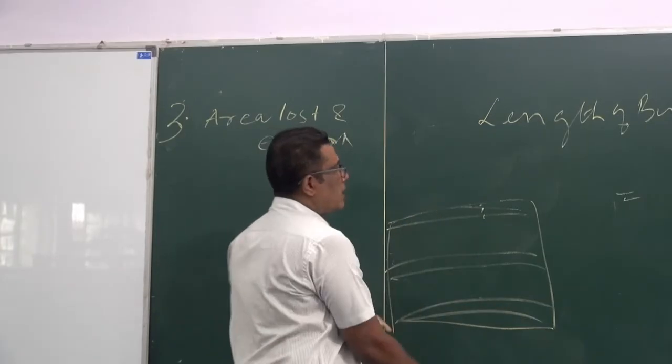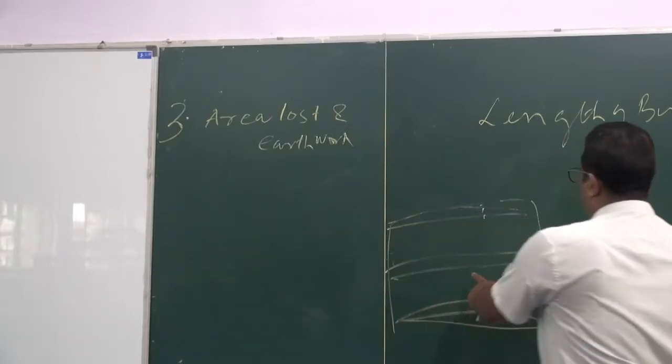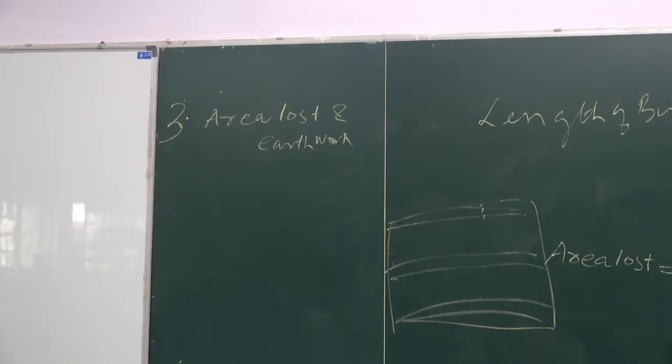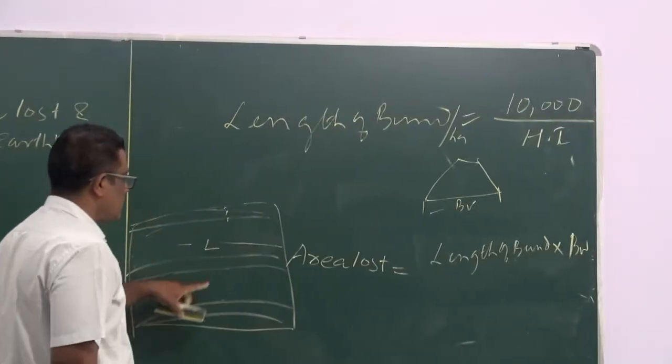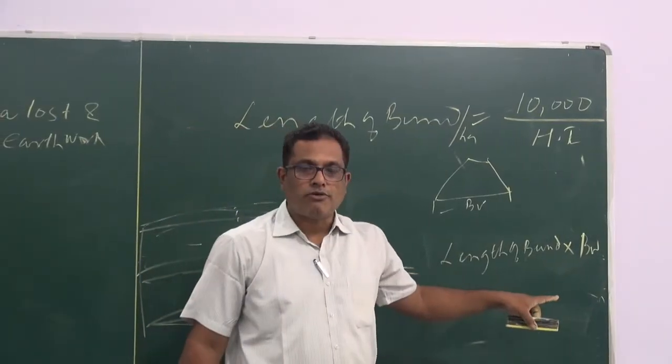So what will be the area lost? Area lost will be equal to the length of the bund into your bottom width. This is your bottom width, and this is your total length: this plus this plus this, and this bottom width. This is the total area lost because of bunding.